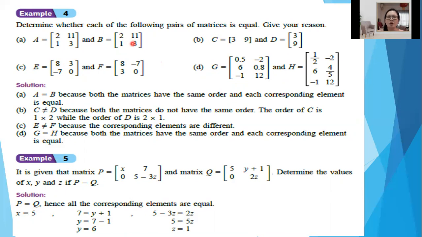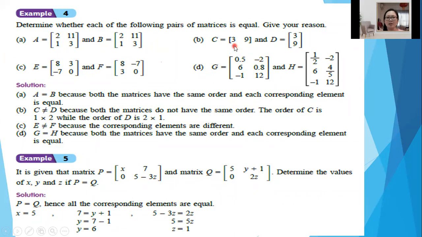So also 2 rows, 2 columns. So we can say that the order of A and B are the same. Now let's compare the corresponding elements. 2, 2, 1, 1, 3, 3. They have the same corresponding elements. So A equals B because both the matrices have the same order and each corresponding element is equal.